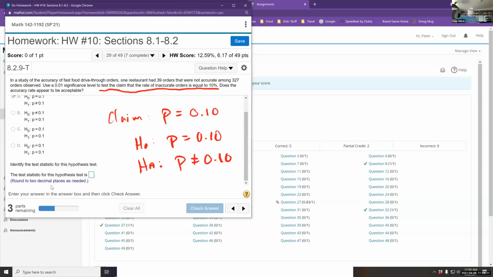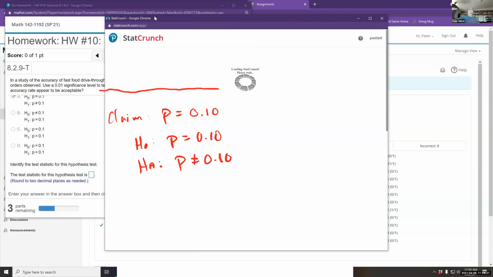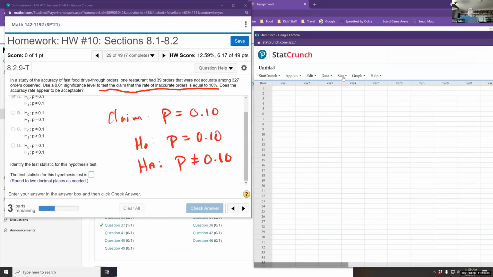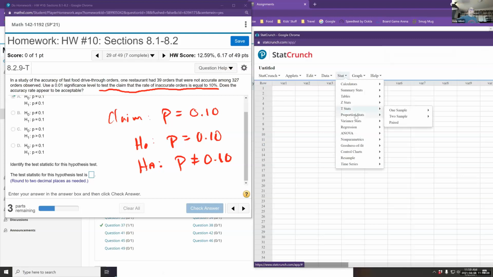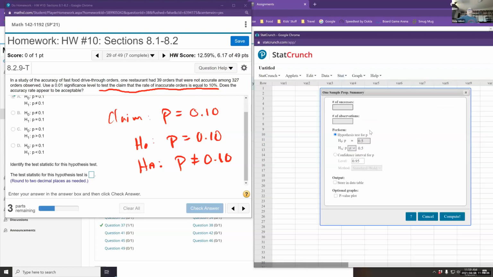Now, they're asking for the test statistic, which is also provided by StatCrunch. So in either way, we can do that in StatCrunch. So I'm going to open up StatCrunch, and I'm going to go to Stat, and we are doing a proportion. So I'm going to do proportion stats with one sample, with summary, because they just tell us a summary of the results.